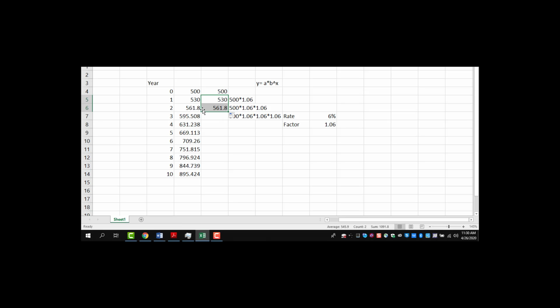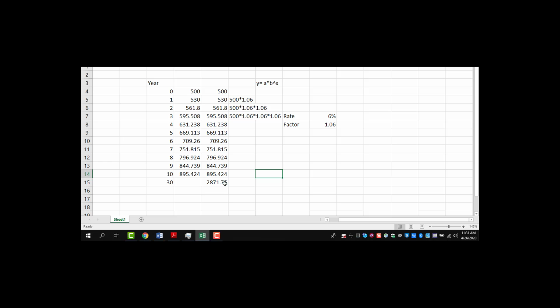And this is going to match up because this is the same thing. This is 500 times 1.06 times 1.06, but it's raised to the second power. And likewise, all the way down, it's going to be exactly the same. Now, what's nice about this is I can say, okay, well, what am I going to have in 30 years?